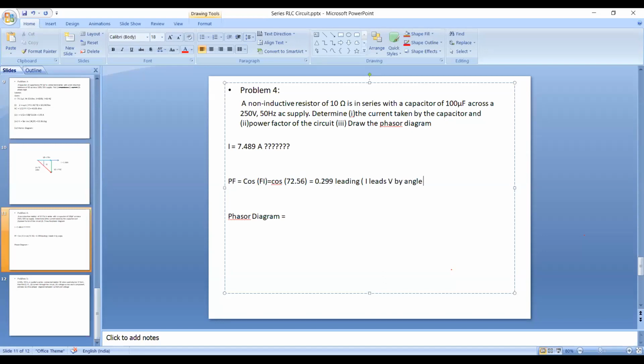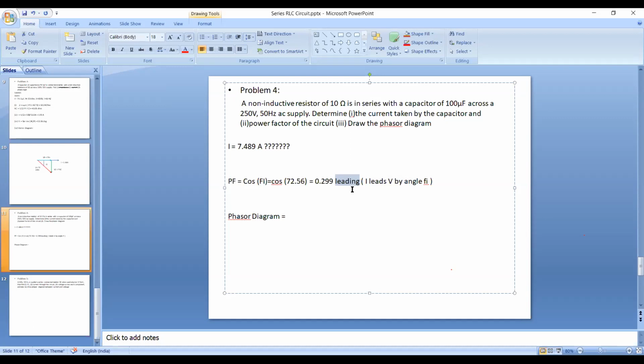Whenever we find the power factor, it makes sense to include whether it is lagging or leading. For an RC circuit, you always get a leading power factor because current starts first, and for an RL circuit, voltage starts first and current lags behind.